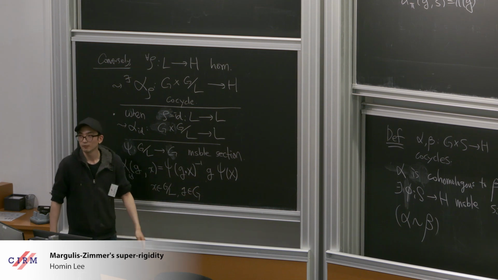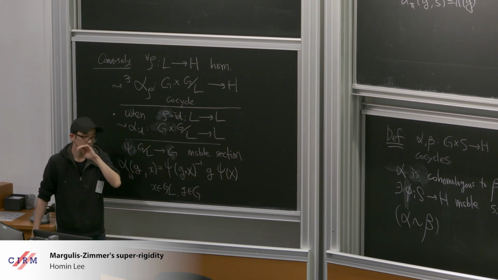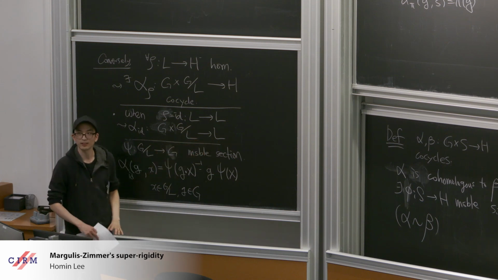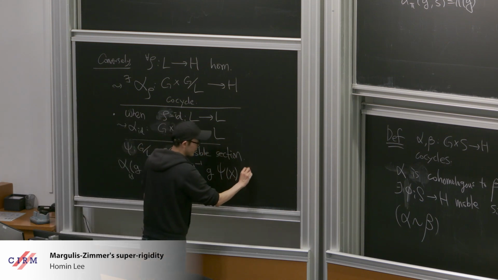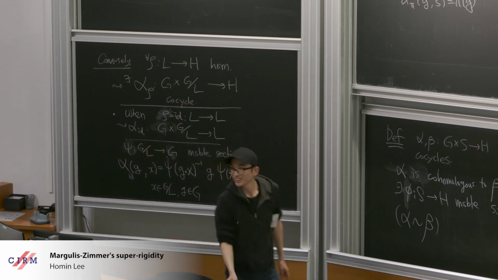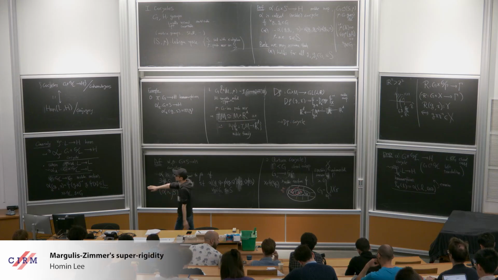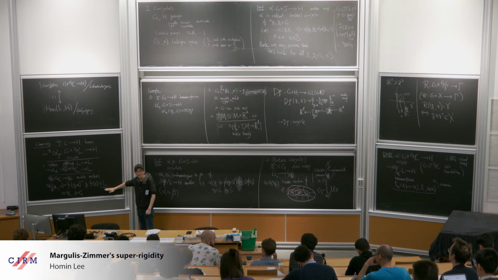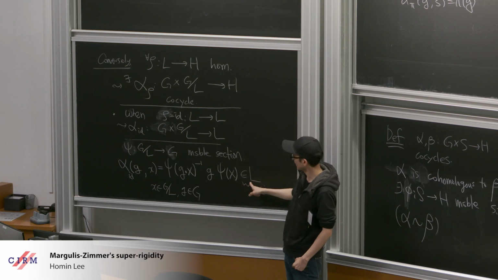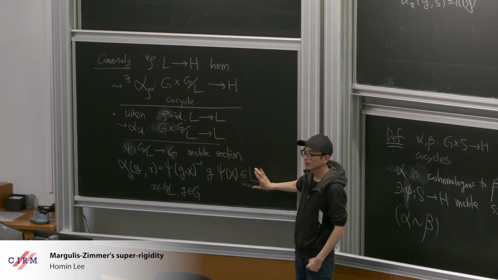This is fine. But now the non-trivial thing is why this lands into L. And that's your exercise. I think you can check. Quite straightforward. So please check. This part is the only part you should check. You can define it like this, but then why does this cocycle land into L?